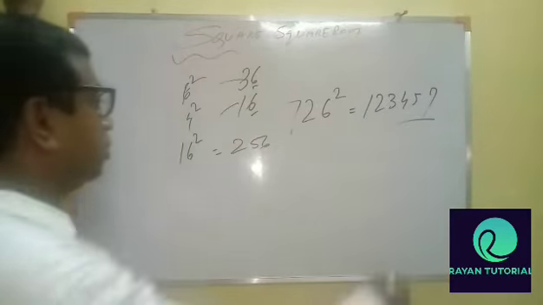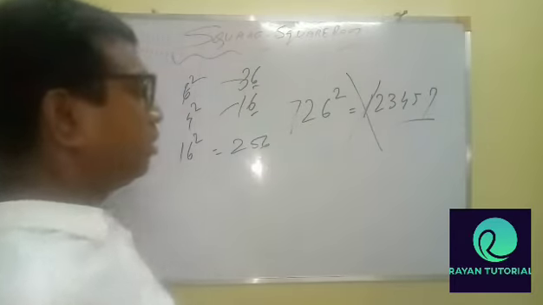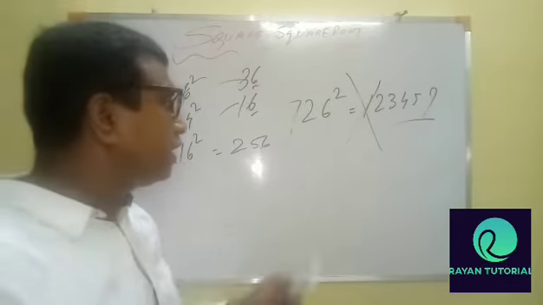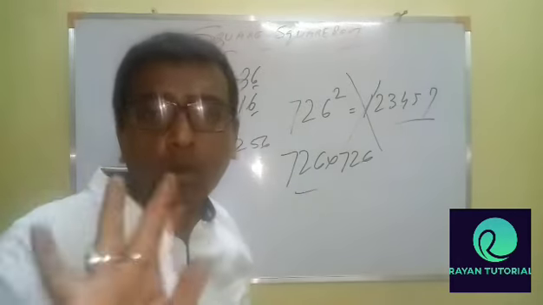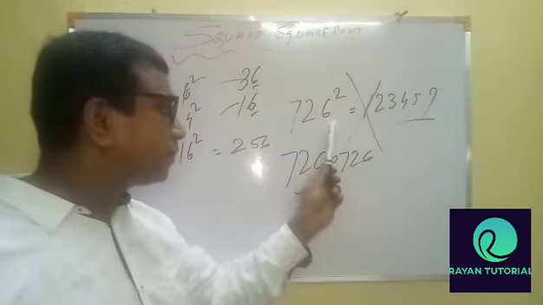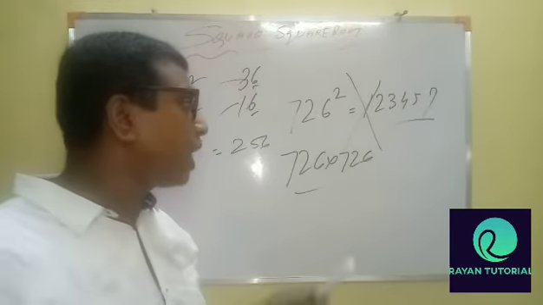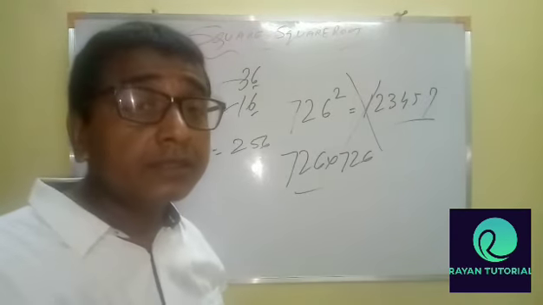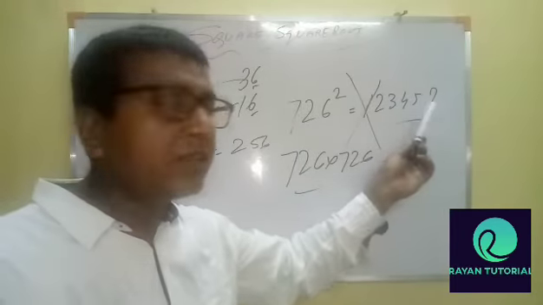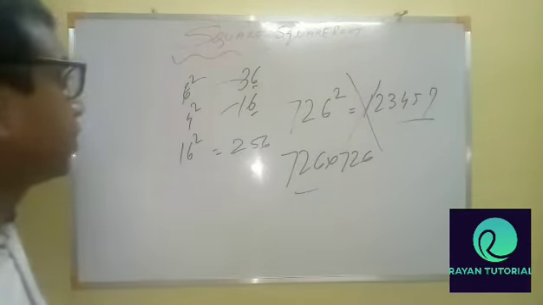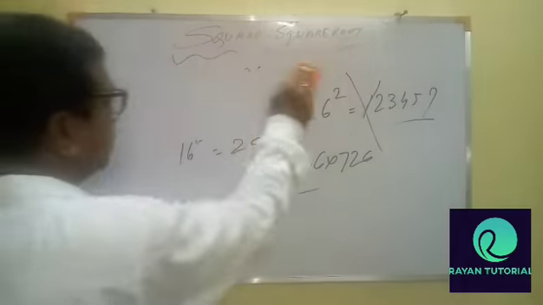Is this right? No. Why? Because here I can say no need to multiply 726 into 726. Just look at the pattern. 6 square is 36. That means the end will be 6. But here the end is 7, so it cannot be. Okay.